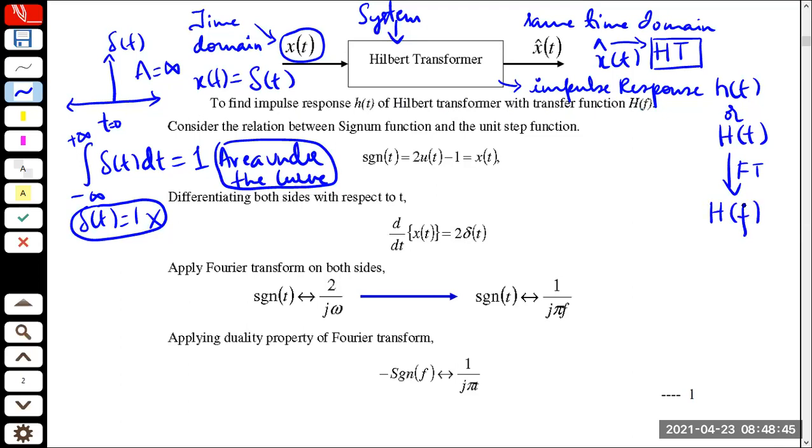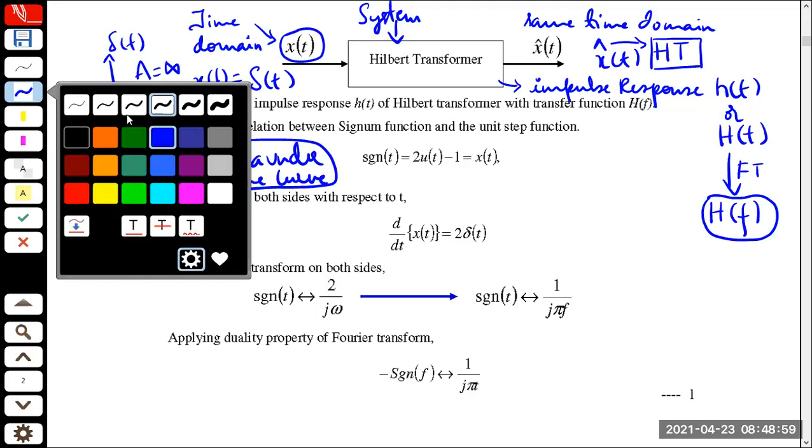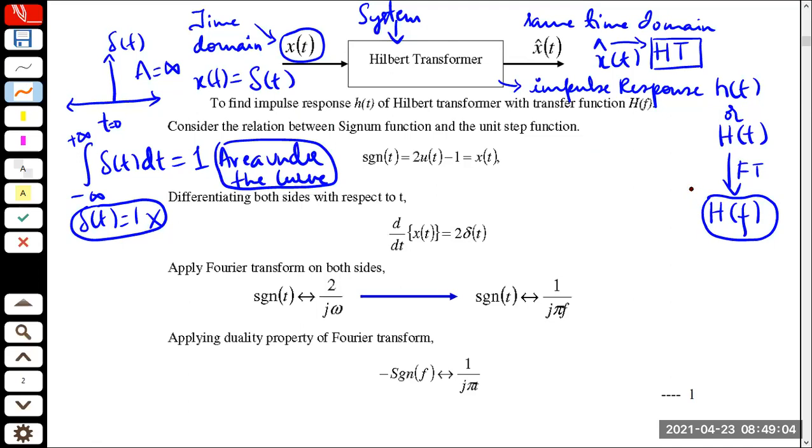You can see that because of applying Fourier transform onto this signal, which is in the time domain, there is a change in domain from time to frequency. So right now this is the frequency domain.